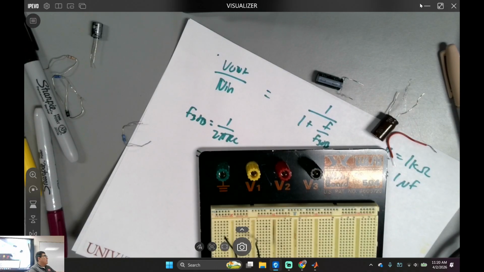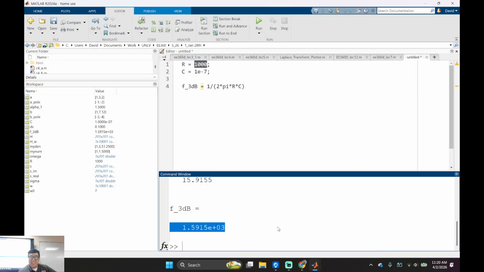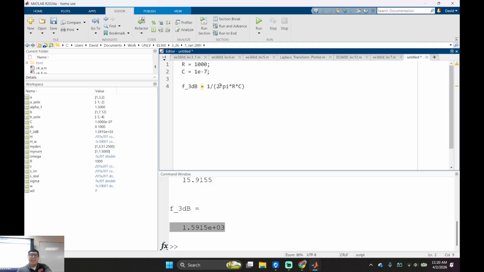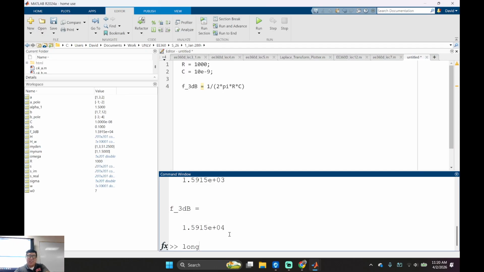I give it 10 nano. Should we do 10 nano? Let's calculate it again. 10 nano is 10 E minus 9. I don't like this. Short eng. Short, format.